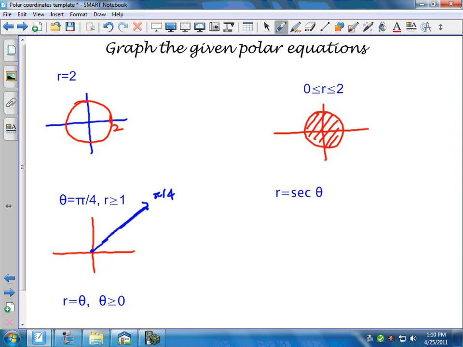And technically, I could also do it this way, because theta equals pi over 4, if you have negative r values, you would be on the other side of that line, right? But which part do we want right now? We want everything greater than 1. So this represents the concentric circle of radius 1. So we want everything greater than 1. That would be that line right there.